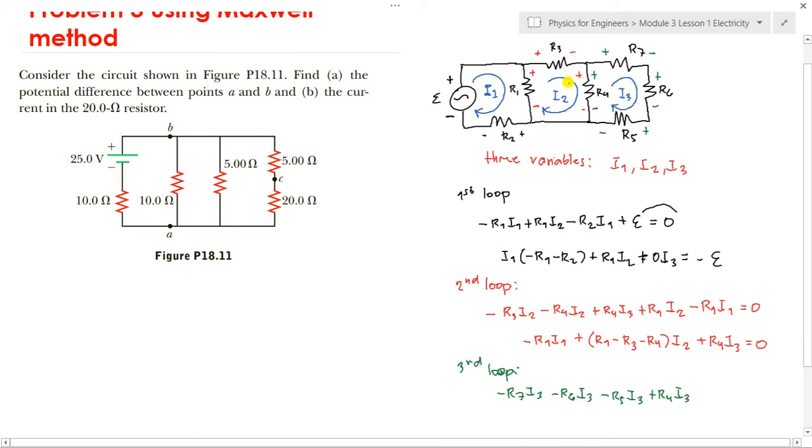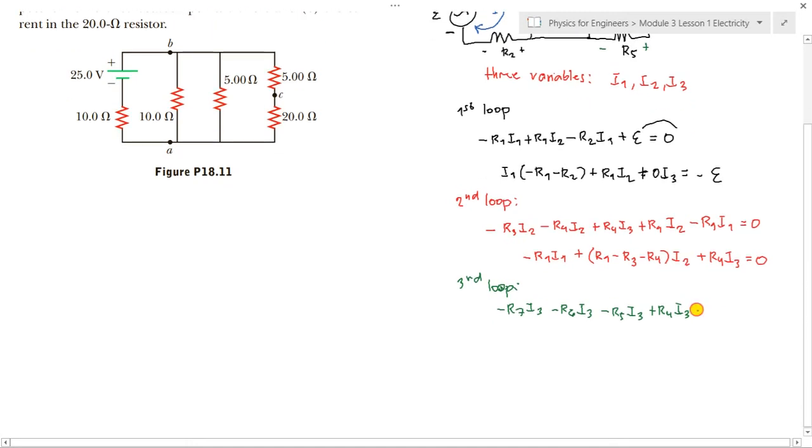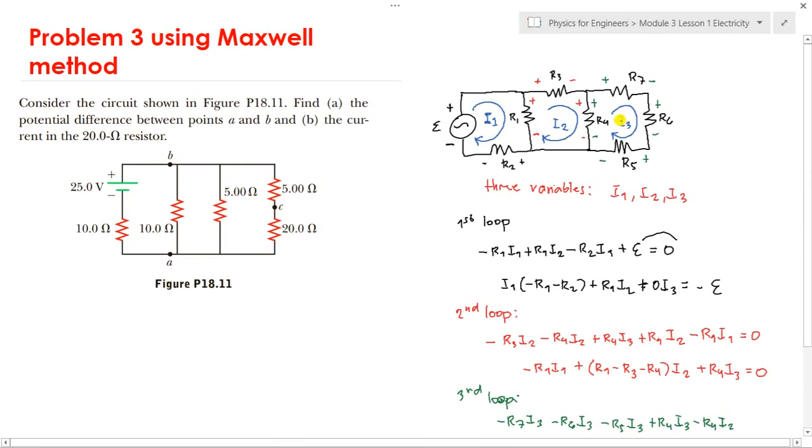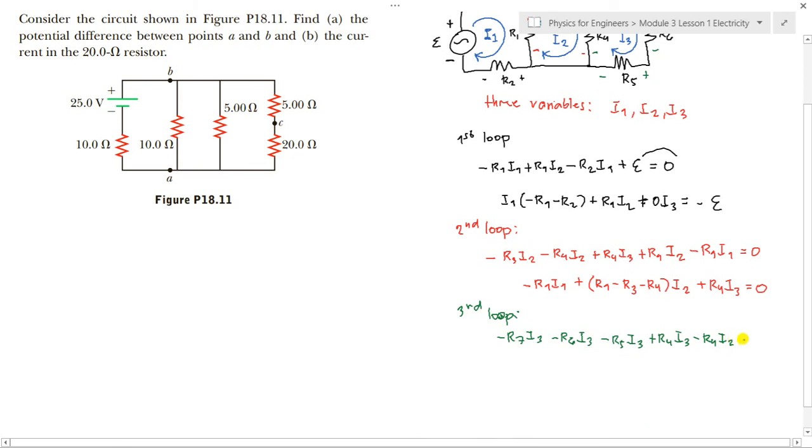However, for I2, since the direction is opposite, so voltage drop, so we have negative R4 I2. What else? So may balik naman ta, so that would be equal to 0. Okay, again, Kirchhoff's law of voltage.